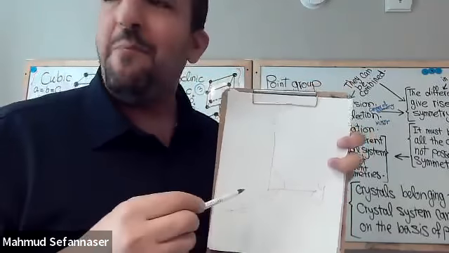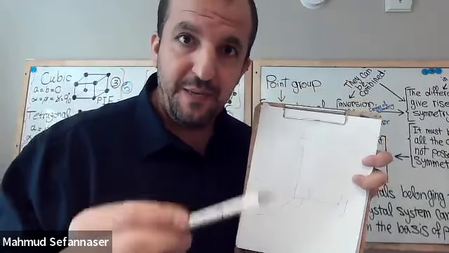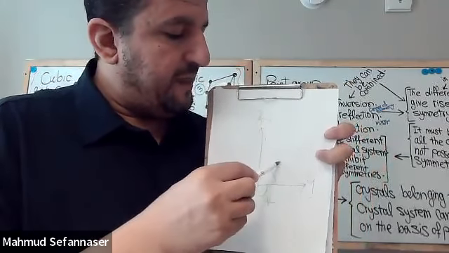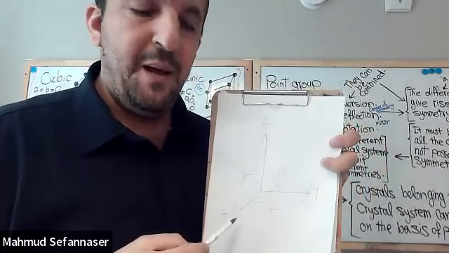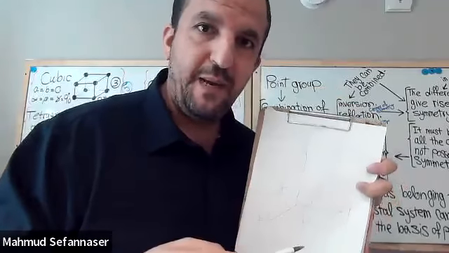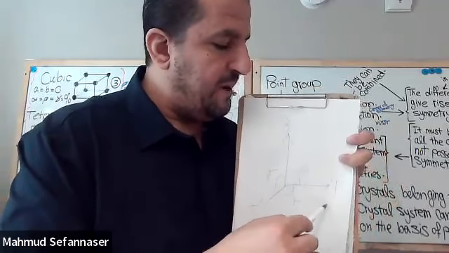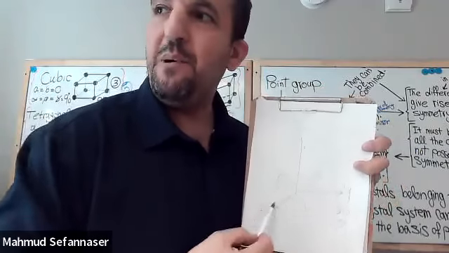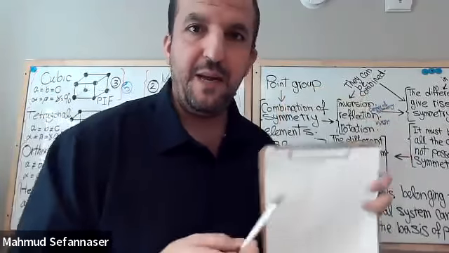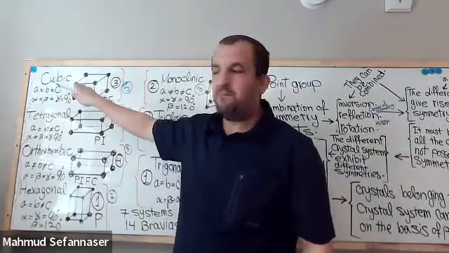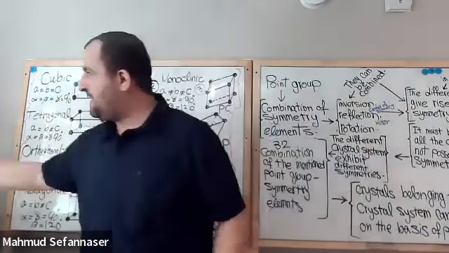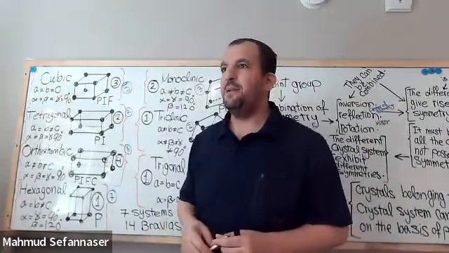If we are talking about the cubic crystal system, here we will have alpha, here we will have beta, and here we will have gamma. Alpha, beta and gamma are equal to 90 degrees. They are perpendicular to each other. You can try to draw the cube here, as I did. This is what I mean by alpha, beta and gamma: the angles between the axes are equal, and they are equal to 90 degrees.